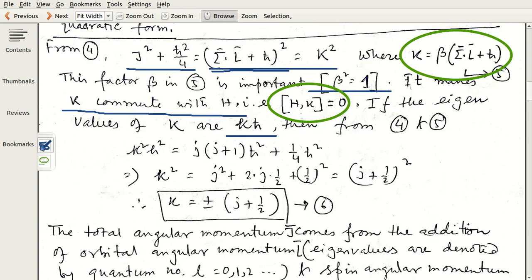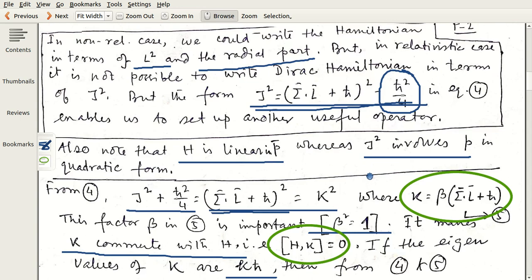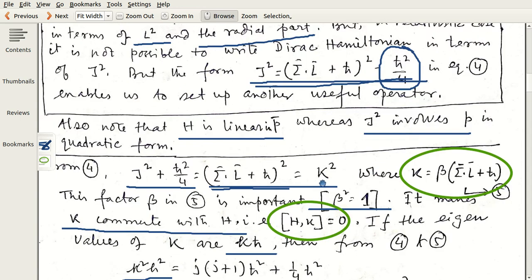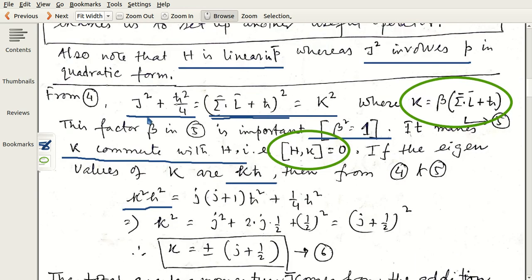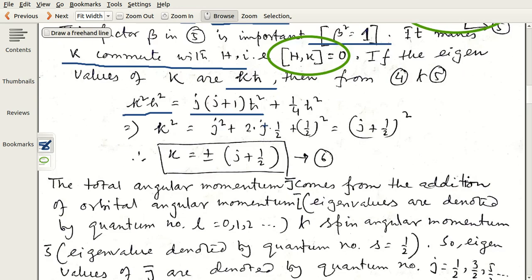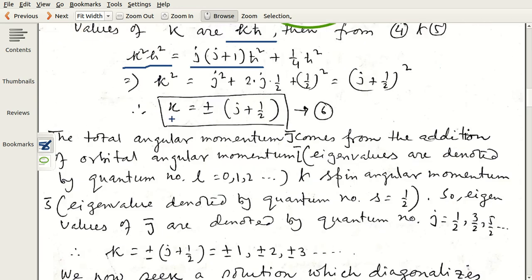If you use the eigenvalues, then k square h cut square equals J square, meaning j into j plus 1 h cut square, the eigenvalues here, plus 1 by 4 h cut square, this part. And you do a simple algebra to find that k equals plus minus j plus half.